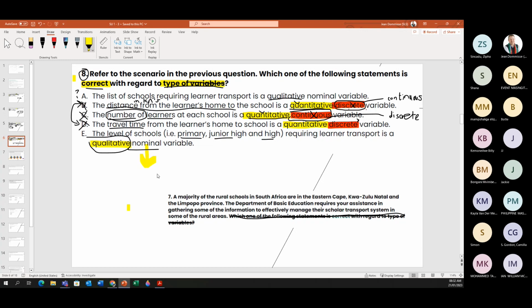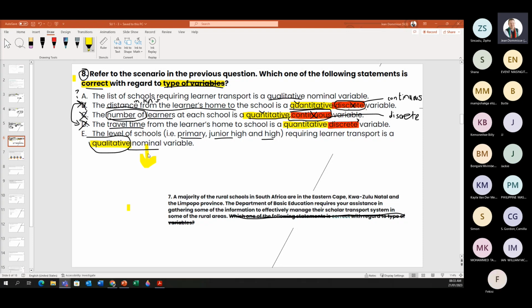Nominal is, for example, which province do you live in? There's no order in it. It just nearly groups you into that qualitative variable. So nominal refers to grouping you into a group, but there's no order in it.